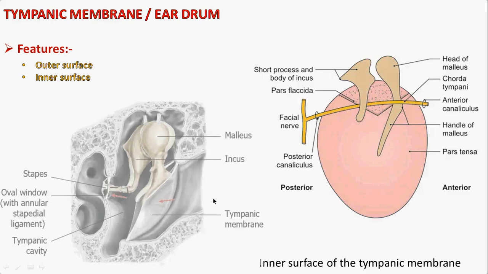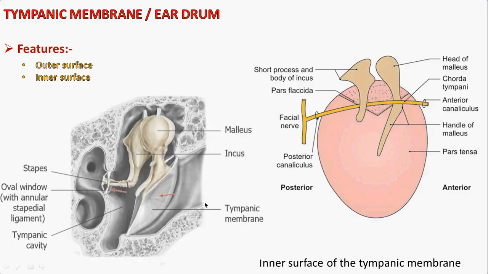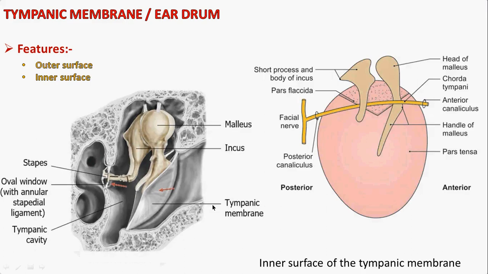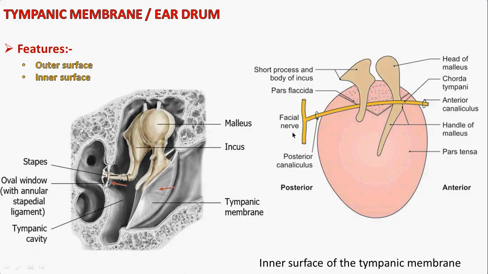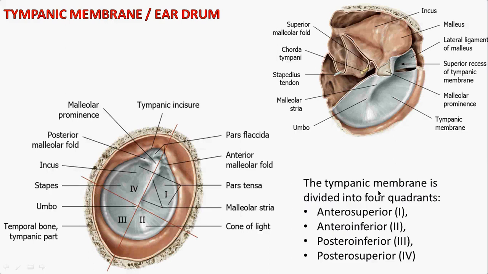So here also you can see this is the inner surface, this is the outer surface, and this is the inner surface. Okay, the tympanic membrane is divided into four quadrants. Here we have divided it into the four quadrants: antero-superior, antero-inferior, postero-inferior and postero-superior.